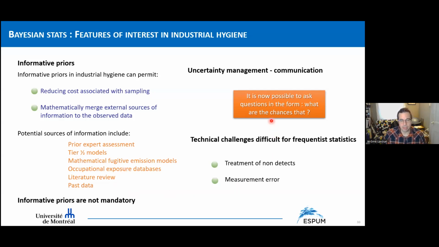And my opinion is also that facilitating risk communication is a big plus of Bayesian statistics. You can express risk as the chances that we have a problem. And there are also two other very interesting things. The first is that Bayesian statistics allow optimal treatment of non-detects.